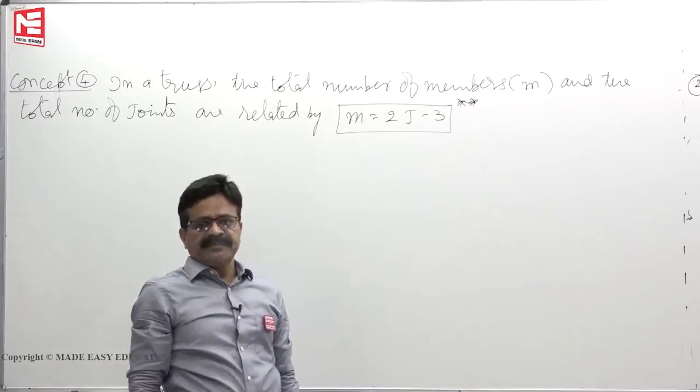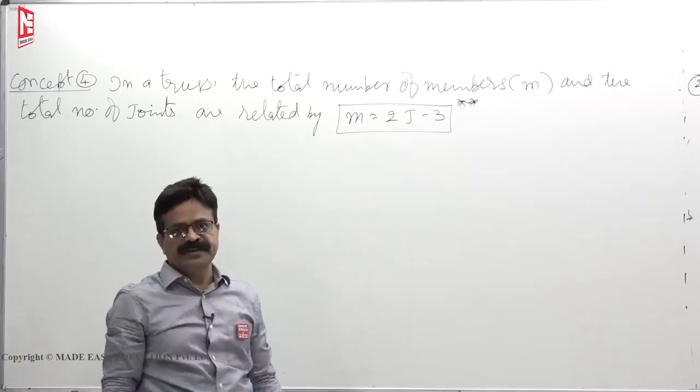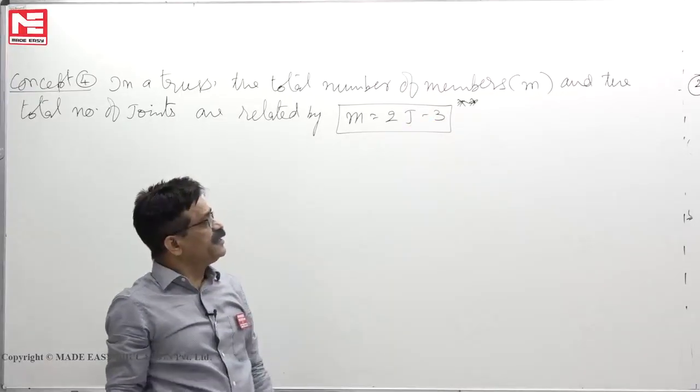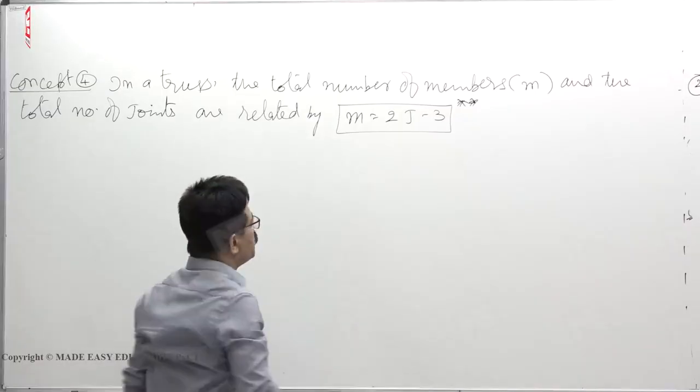This is what we have learnt in your first year engineering mechanics, strength of materials also, m is equal to 2j minus 3. Then what is that 3? That 3 does not stand for number of equations of equilibrium, that 3 comes from this one.